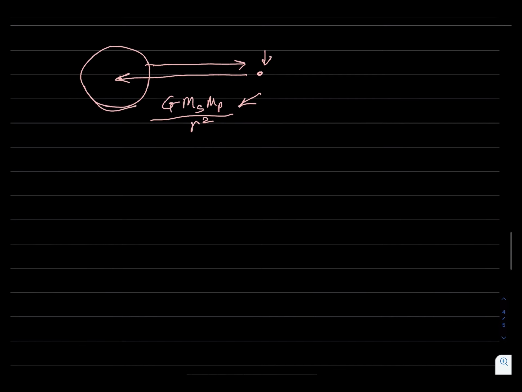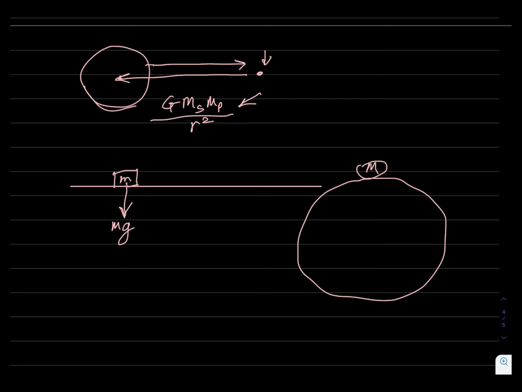So if we have this mass sitting on the table, and we know that gravity is pulling down with the force of mg, what is the equal and opposite force? Well, here's the mass, and here's the table and the earth.